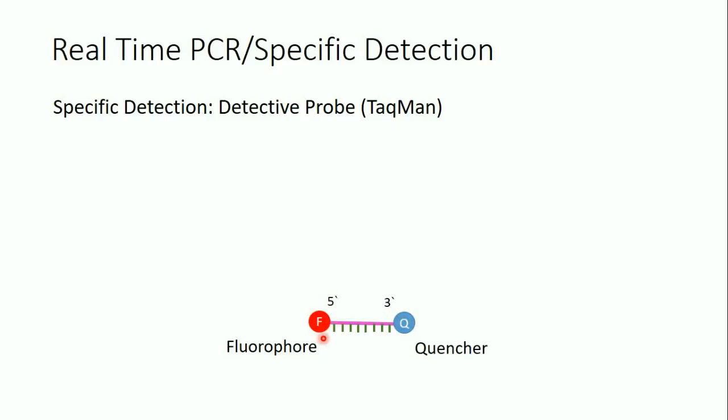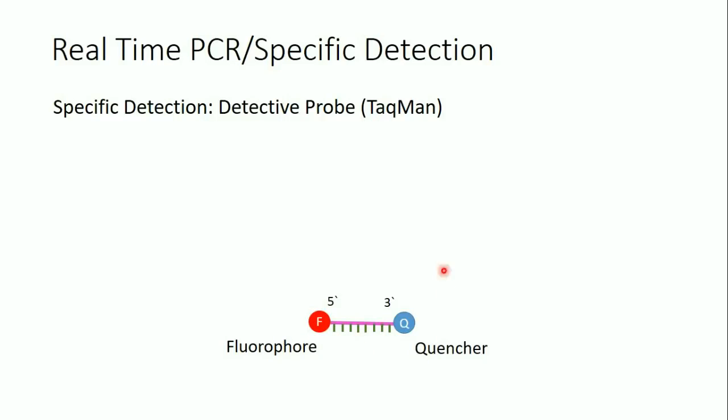So as long as the fluorophore and the Quencher are bound together or are kept closely around each other, we cannot see any fluorescence coming out of the fluorophore because the Quencher absorbs all the fluorescence coming out of the fluorophore.